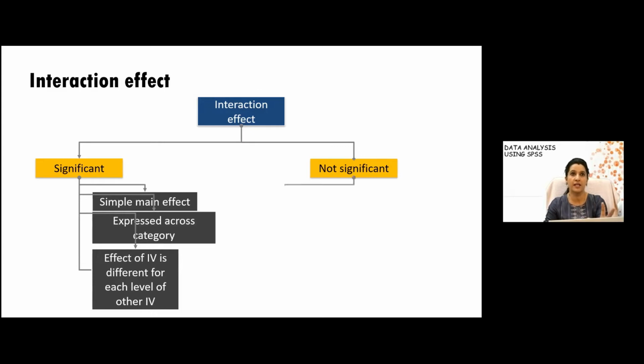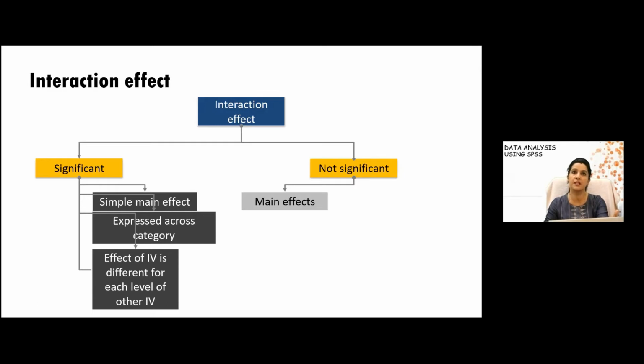But when the interaction is not significant, then we report main effect. So there are two terms, simple main effect and main effect. By saying simple main effect, I mean that the interaction is significant, and the effect of this independent variable is different for each level of another independent variable.